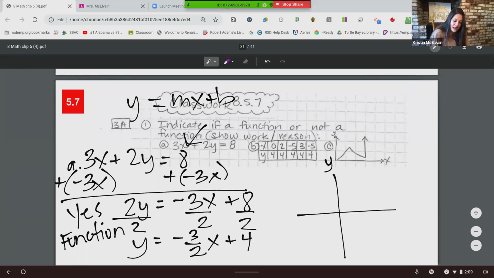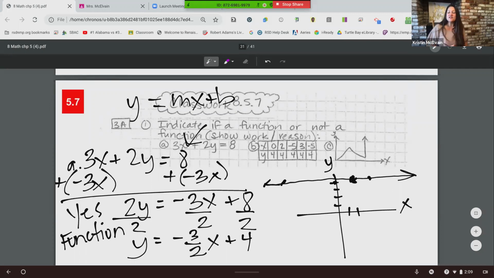So this is Y, this is X. Y is always 4. And so if x is 0, 4 is our first one, 2, 4, negative 5, 4, 3, 4. Almost landed on my dot. Let's make that dot bigger.